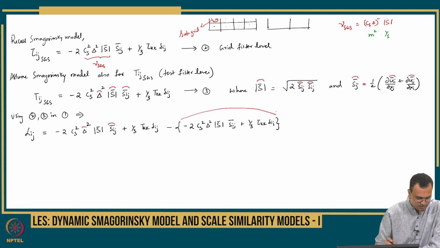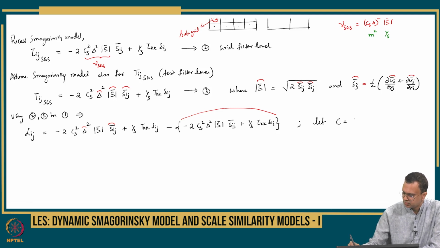Now let me just rearrange it here. Here I would like to call this CS square as simply C, because that is the dynamic constant or coefficient we would like to compute. Okay. So let C be equal to CS square, your dynamic coefficient that you want to find out.